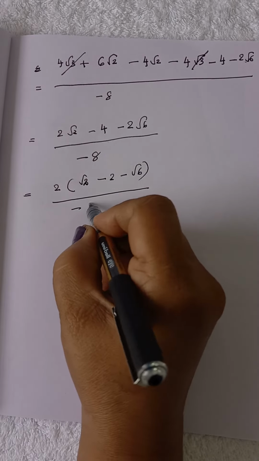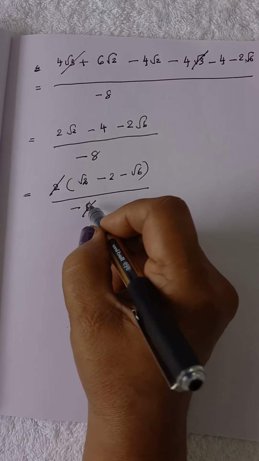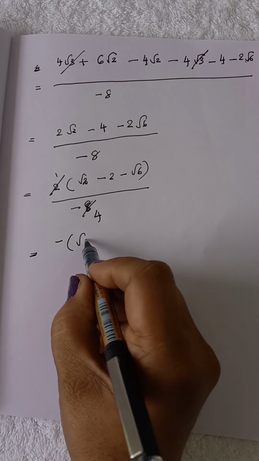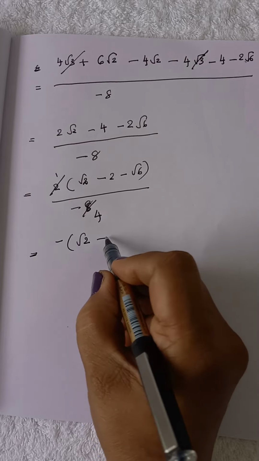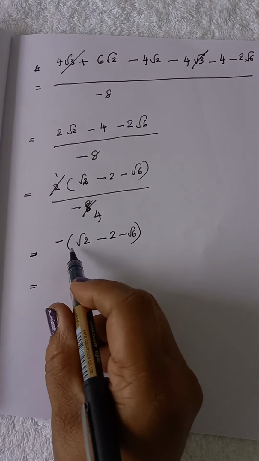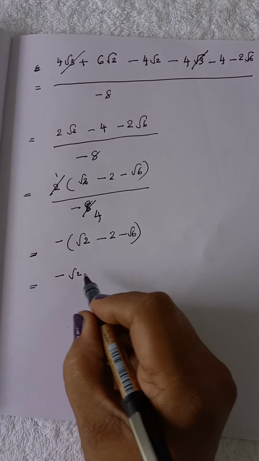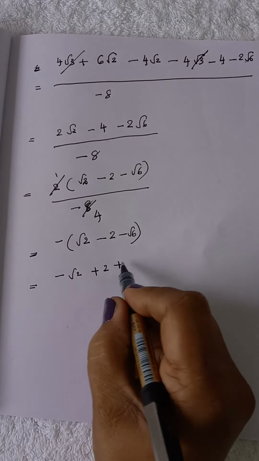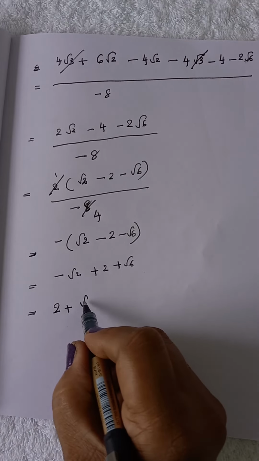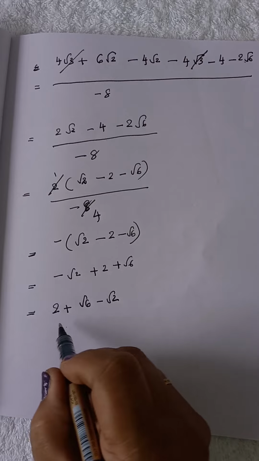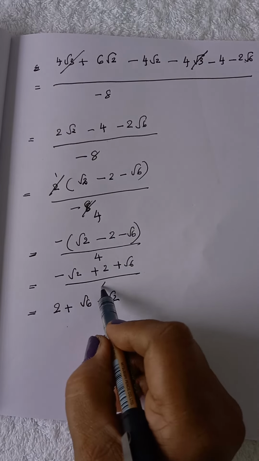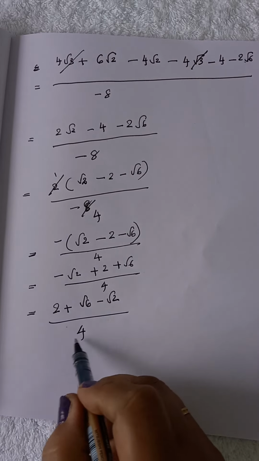Here this 2 and 8 we can cancel. So what is that? 4. So that is equal to, this is minus of root 2 minus 2 minus root 6. That is equal to minus root 2 plus 2 plus root 6. So that is 2 plus root 6 minus root 2. Here by 4 is also there. So that divided by 4. This is the answer here.